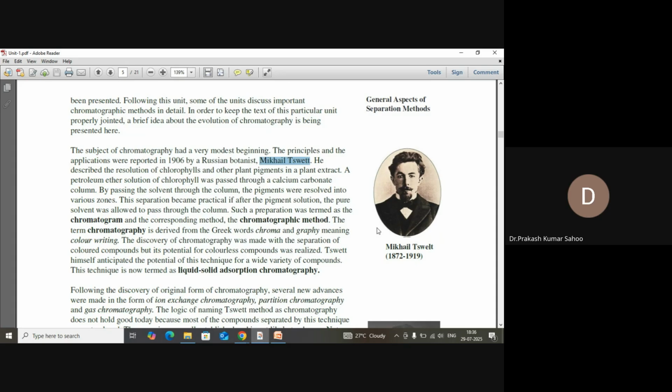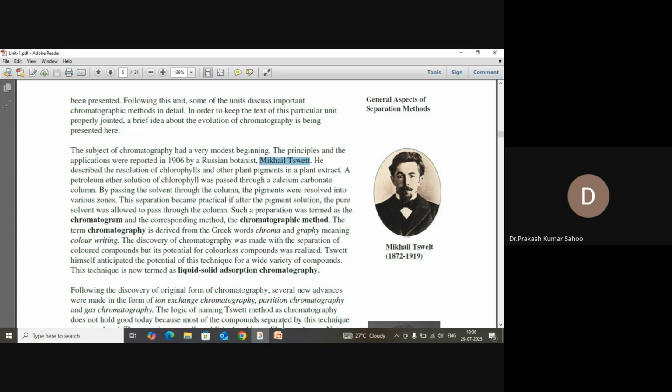In 1906, this technique created history, a big revolution in the field of separation methods. On the basis of his principle, different advanced modern chromatography analytical instruments are nowadays available, but the fundamental basis of the separation technique was framed by Michael Tswett in 1906.